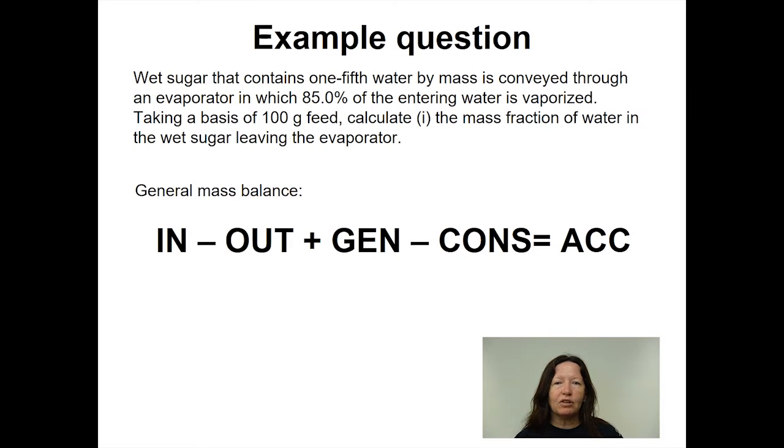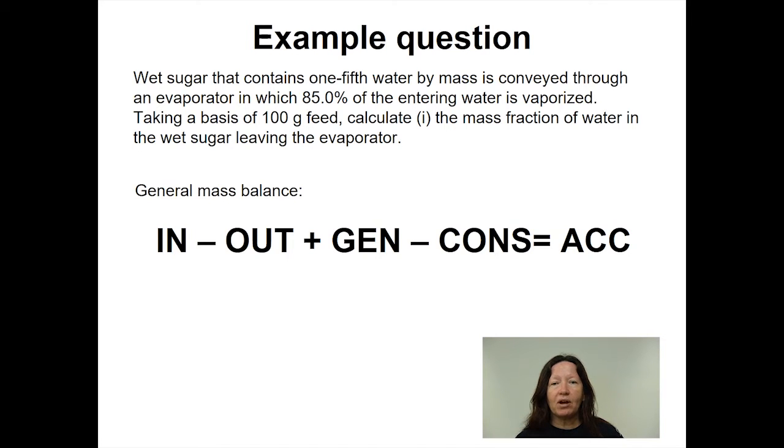We're going to have a look at a calculation where we have 100 grams of wet sugar, and we're going to put this wet sugar through an evaporator to dry the sugar out. From our problem definition, we know that 1/5 of the sugar is water, which is making it wet.